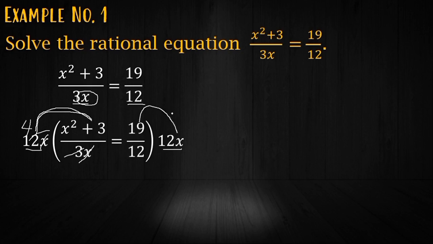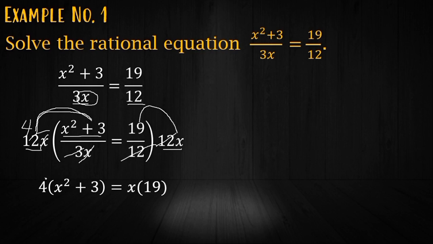So instead of multiplying 19 by 12x, you can divide 12x by 12 as what we did on the left side of the equation. So 12 can be cancelled and you now have x times 19. Therefore, we have here 4 times x squared plus 3 and 19 times x.